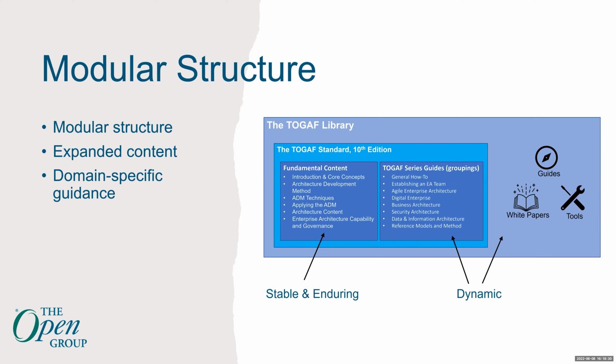But by providing a structure that allows you to organize your thoughts, which is what the ADM really is, the architecture development method, you get to simplify what would otherwise be too many things to carry around in your head at one time.